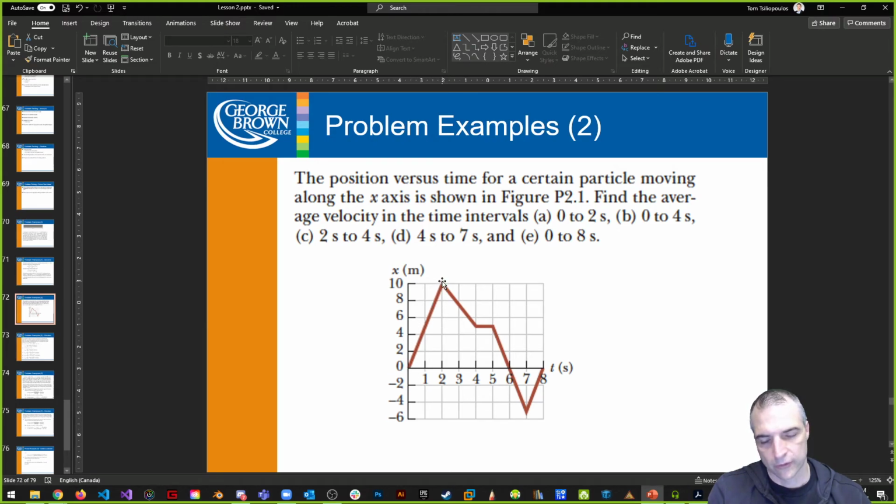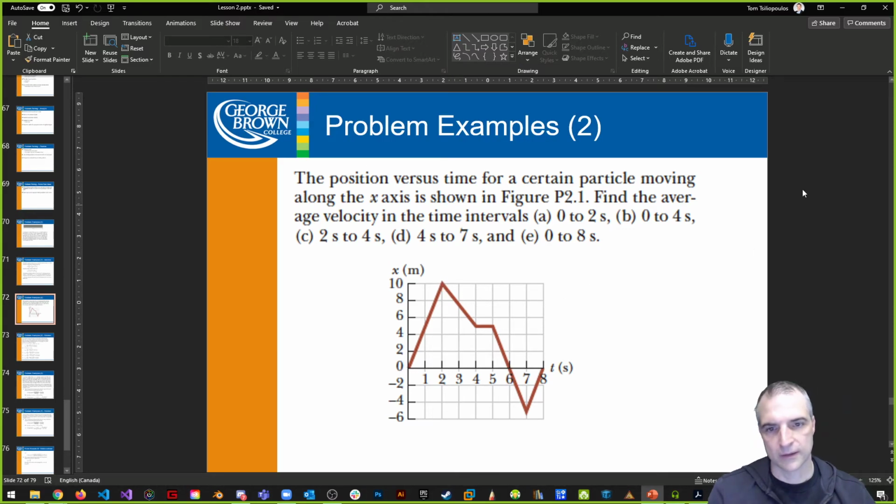If we measure the units, 2, 4, 6, 8, 10 units, it's moved 10 units over 2 seconds. So x final minus x initial over time: x final is 10 minus x initial is 0, over time 2, is 5. Would that not be the case?